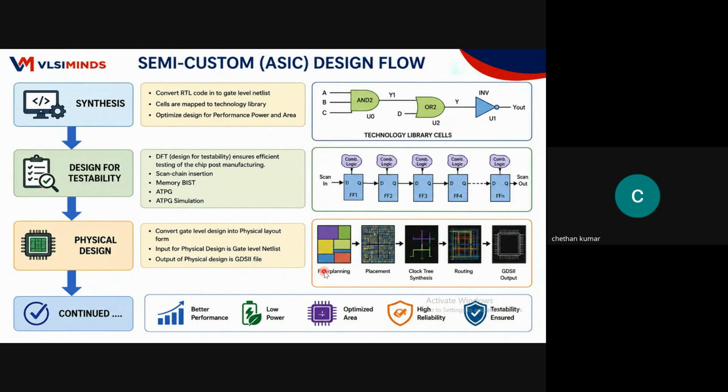They have their own steps to perform to get the GDS output: floor planning, placement, CTS, routing, all those things. We will not discuss much about this. That will be taken care of by the PD team. Mainly we concentrate in today's discussion on the DFT area, so let us move on to that.